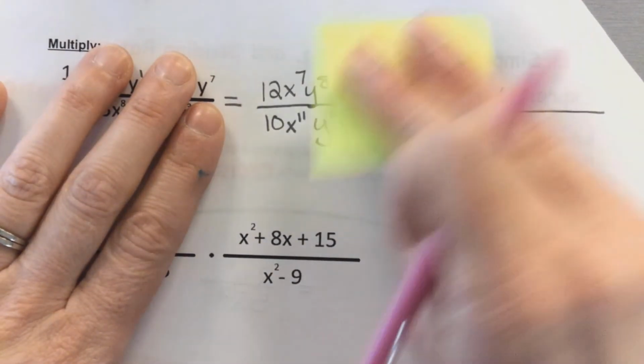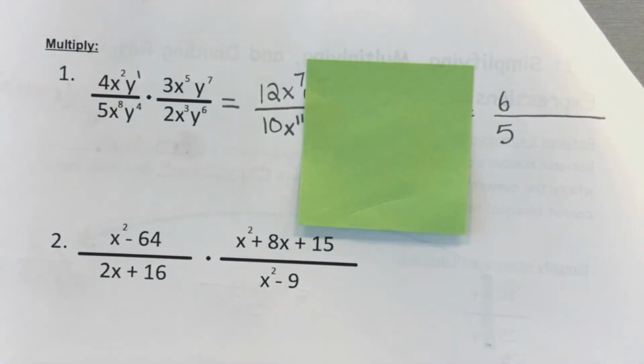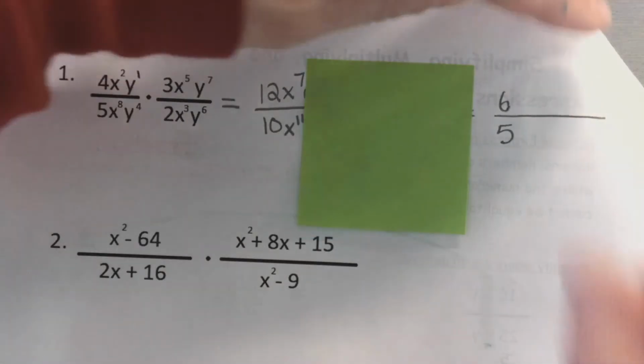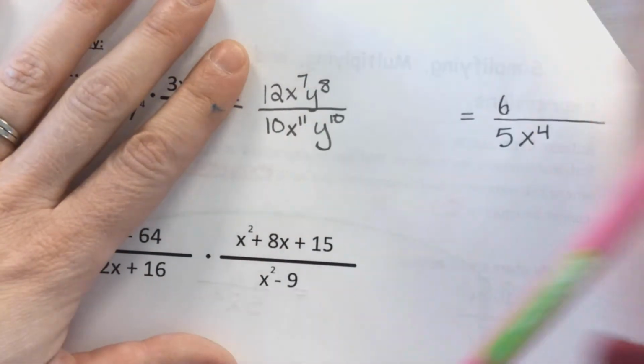Okay, so let's move on to the x's. When I subtract, I'll have x to the what? X to the what? 4. And where does it live, top or bottom? Bottom, because that's where the bigger exponent was. Okay, and then uncover the rest.